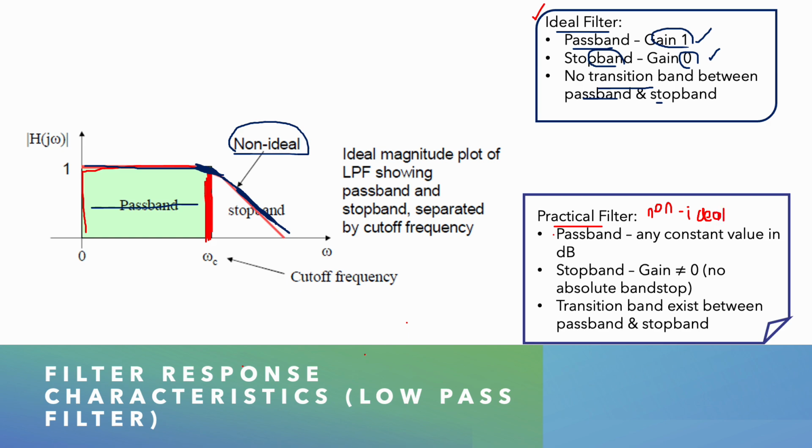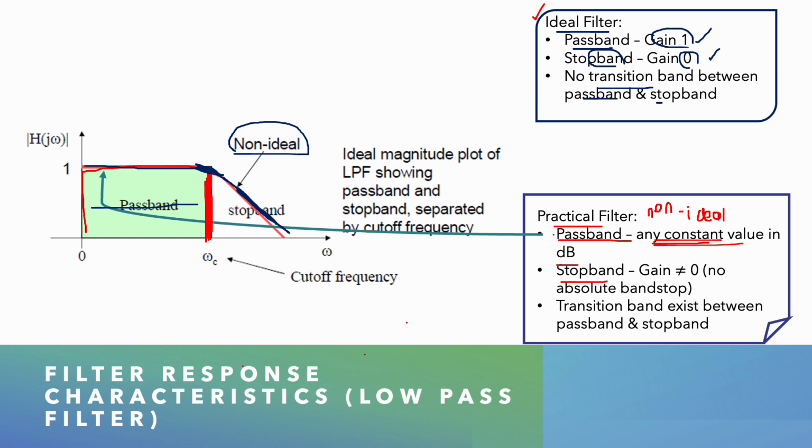What is the difference between an ideal filter and a practical filter? At the pass band, it has a very constant value in dB. It is not exactly 1, but the value is usually constant. All that value will lie in the pass band.